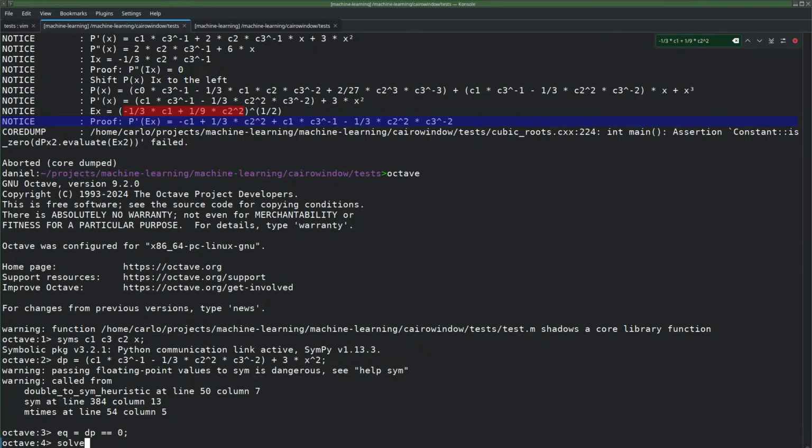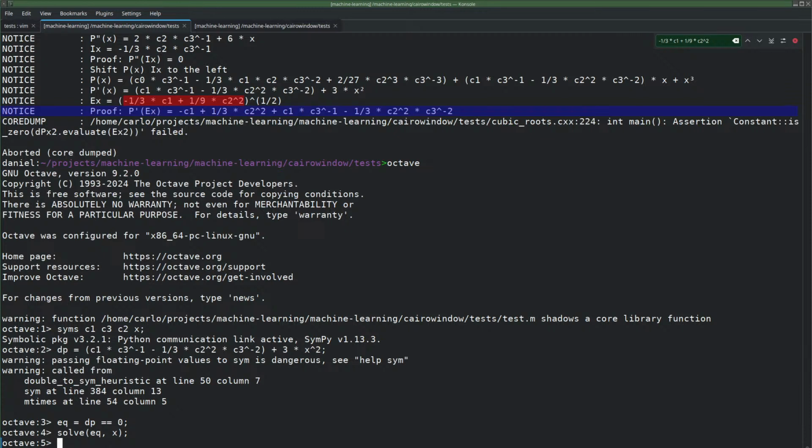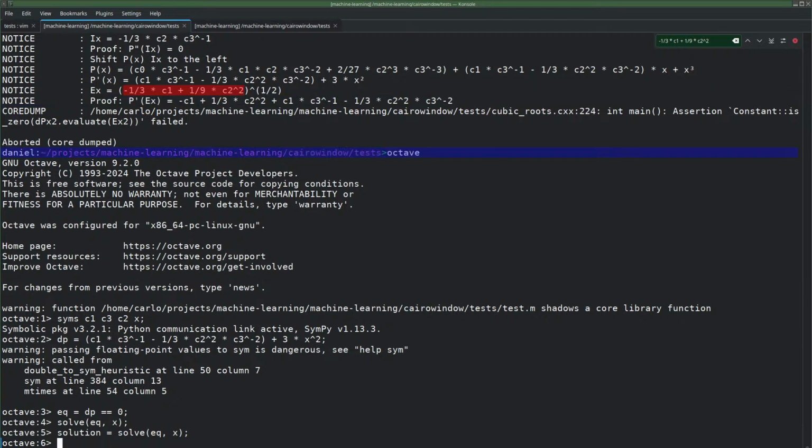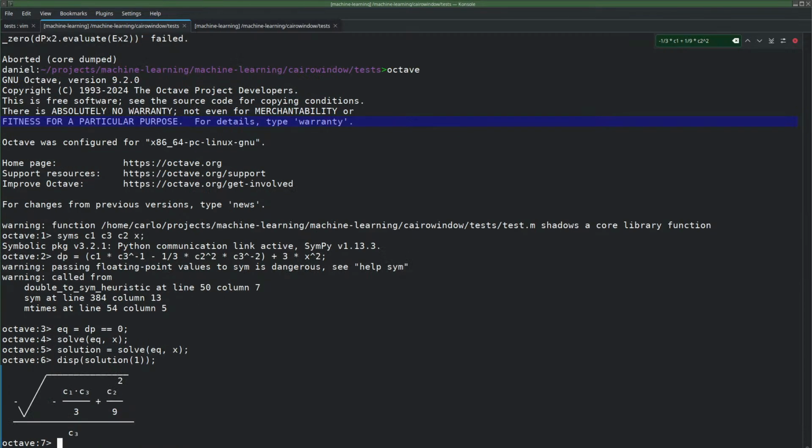And then solve that equation. Finding x. But I didn't do anything. Solution. I don't know, print one of the solutions. Display solution number 1.